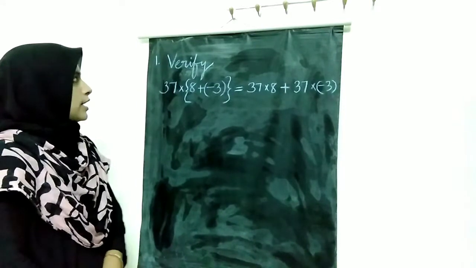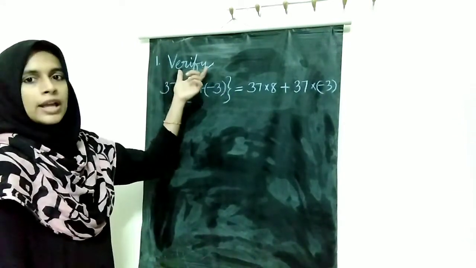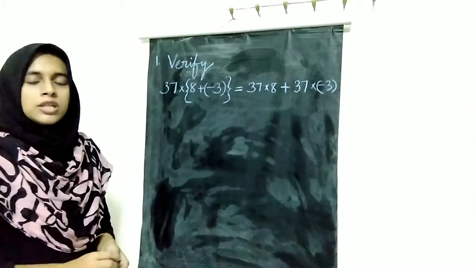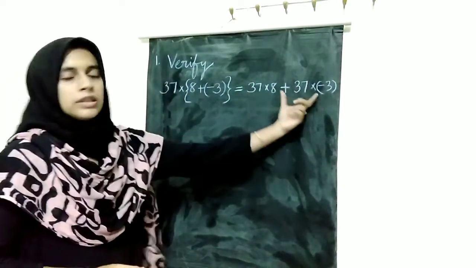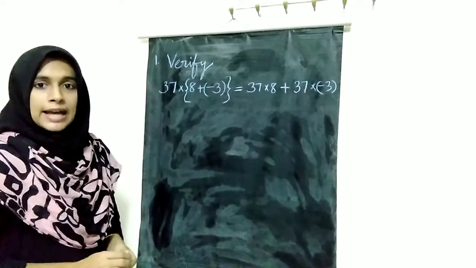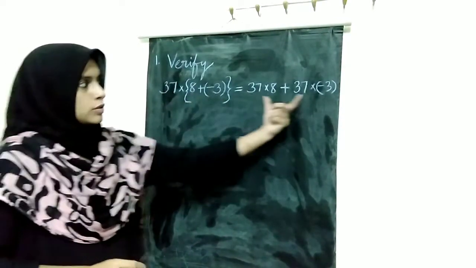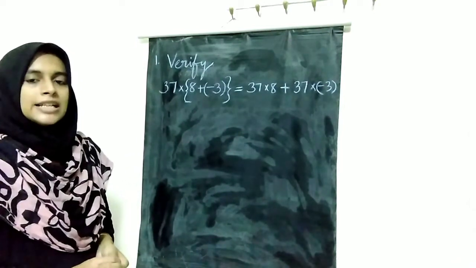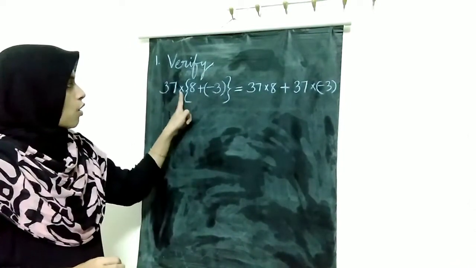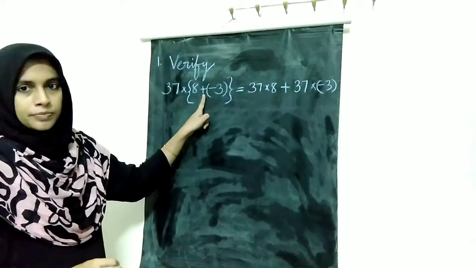So here you can see the question is verified. Sometimes the question comes as prove that this is equal to this, or show that this one is equal to this one. So when you see this question itself, it is clear that it is distributive over addition.